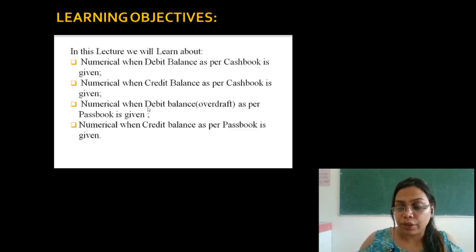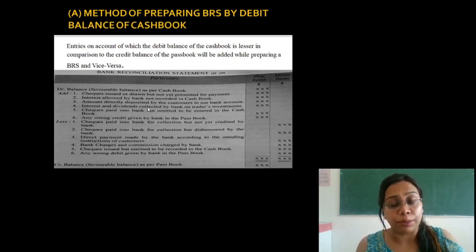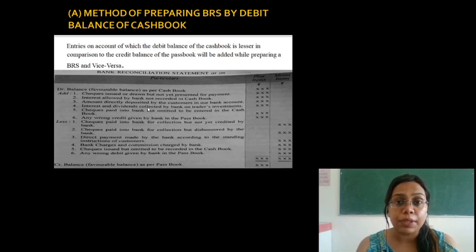Moving forward, we have already studied the format of BRS, that is on the screen as well as the PPT. You can see we have discussed this format. First and foremost, we will be studying this method of preparing a BRS by debit balance as per cash book. This means that while preparing a BRS, we will have to start with the debit balance of the cash book.